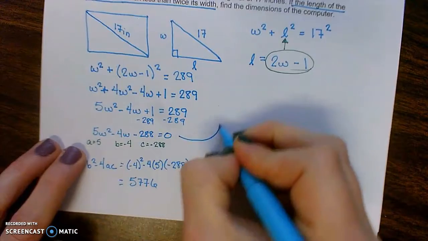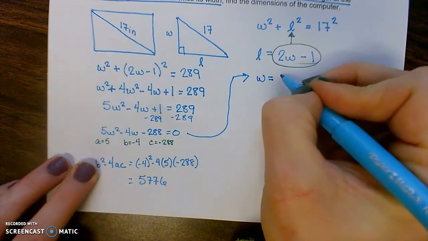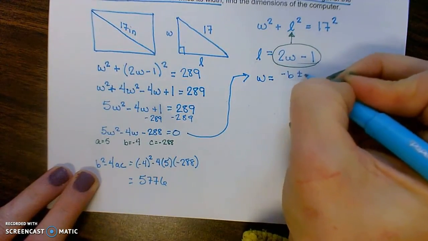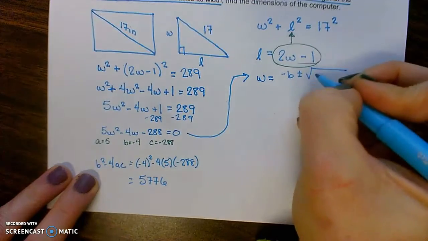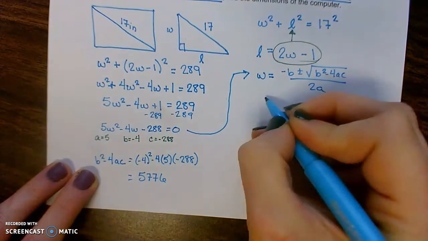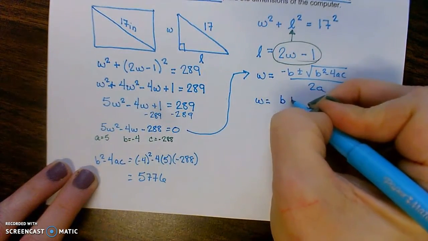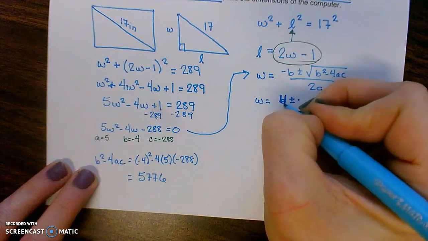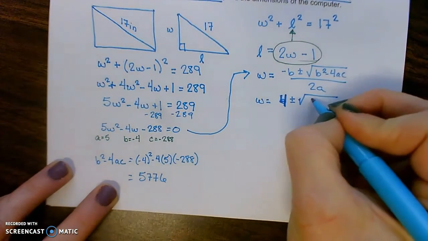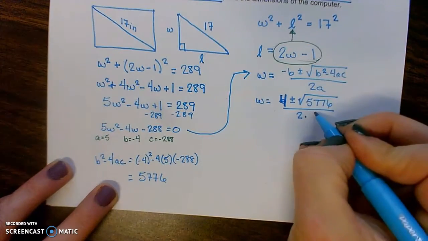Now I'll solve the equation. W equals negative b plus or minus the square root of this b squared minus 4ac business, all over 2a. Plugging in my numbers: negative 4, so a positive 4, plus or minus the square root of the calculation I just did, all over 2 times a, which is 5.